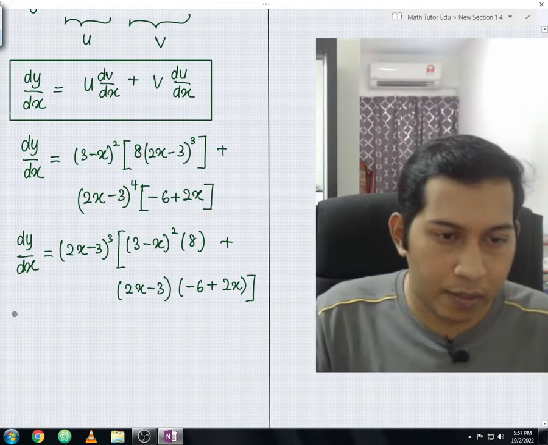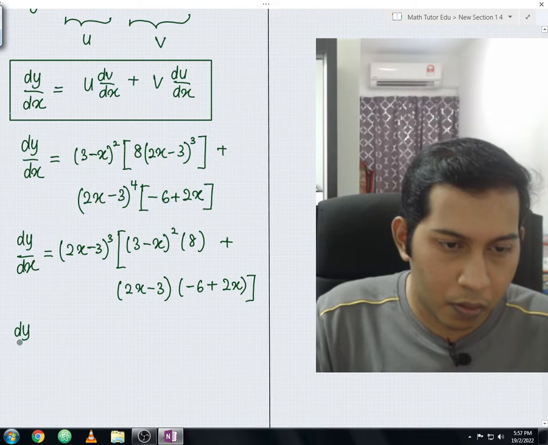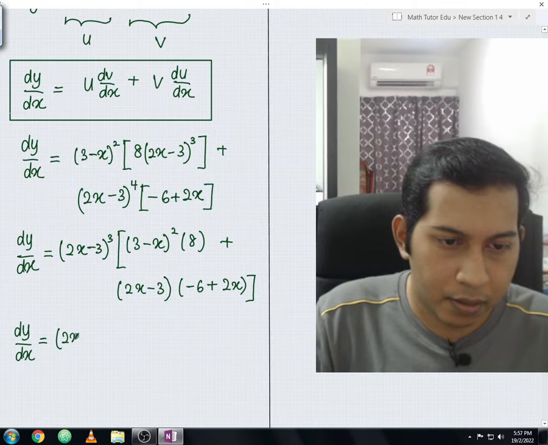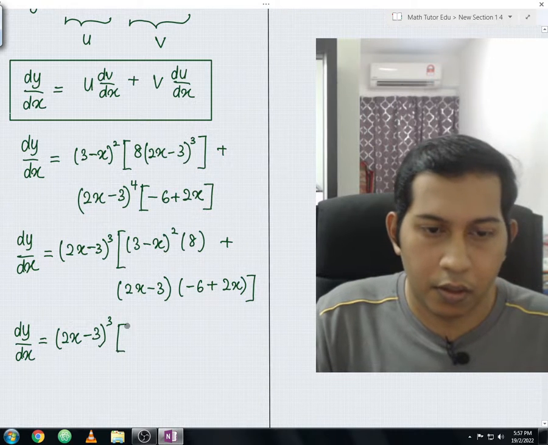one by one. So from here, dy over dx is equal to 2x minus 3 cube, and then a square bracket.